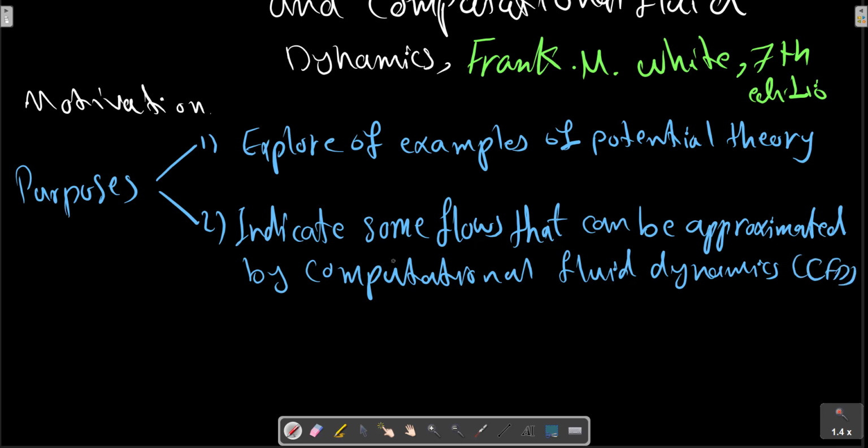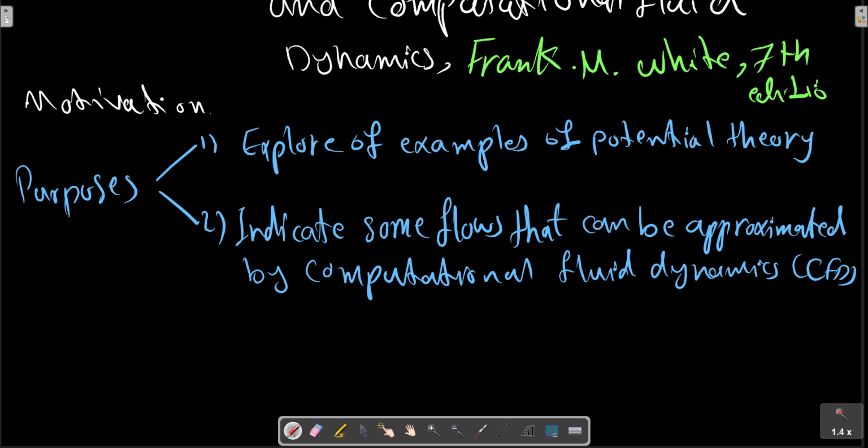The combination of these two gives us a good picture of incompressible flow theory and its relation to experiment. One of the most important applications of potential flow theory is to aerodynamics and marine hydrodynamics.